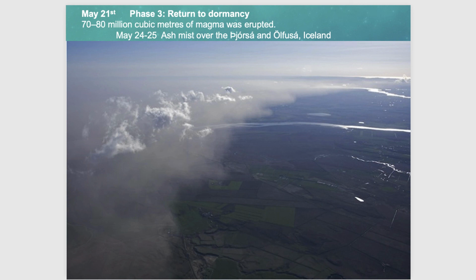And then we have a return to quiescence. 70 to 80 million cubic meters of magma were erupted. Ash was also ejected on May 24th and 25th, but after that phase the volcano is just emitting small amounts of steam.